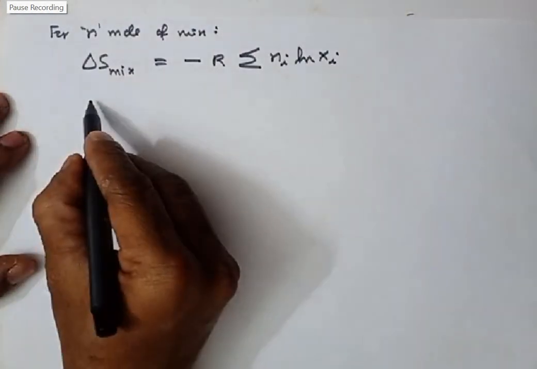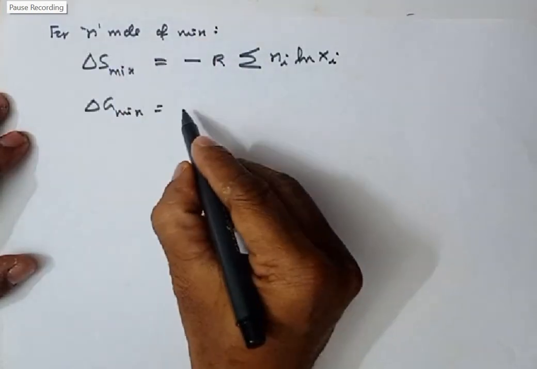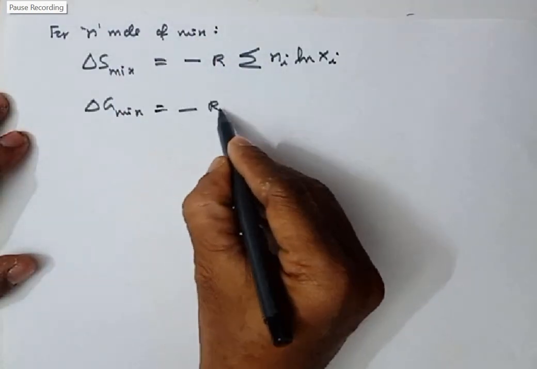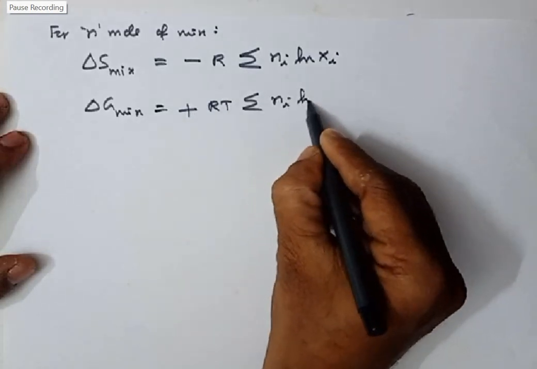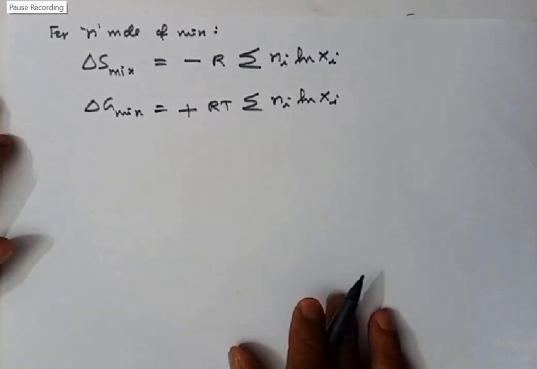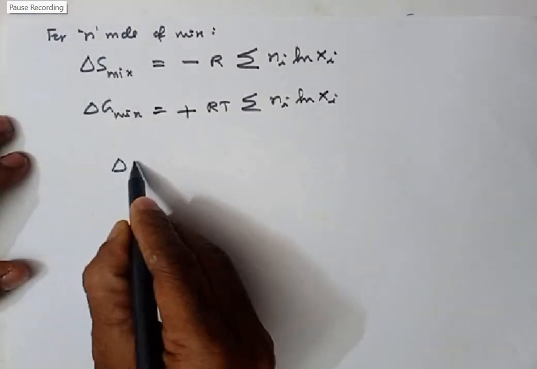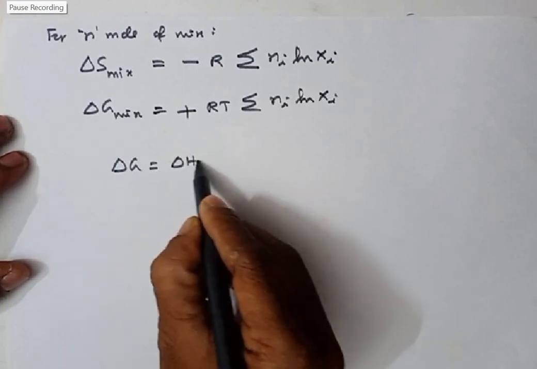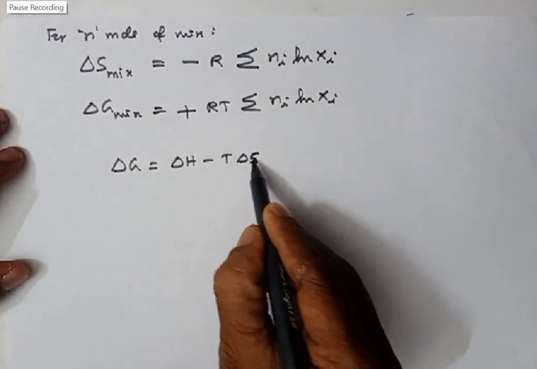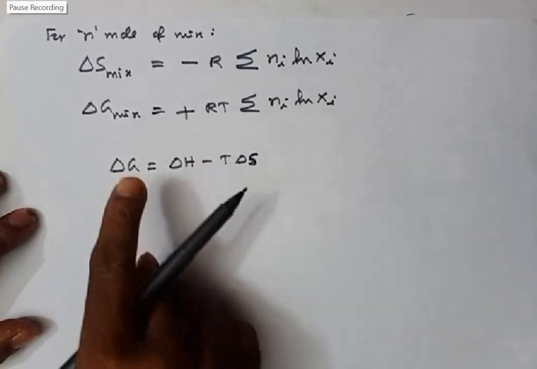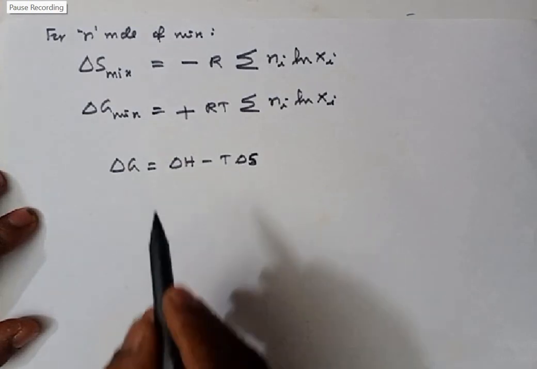And delta G mixing for n mole equal to plus RT summation Ni ln Xi. Now observe this carefully. You know very well delta G is equal to delta H minus T delta S at constant temperature. Then what is delta H?